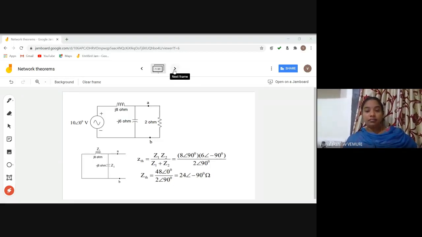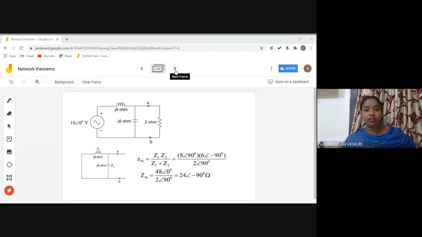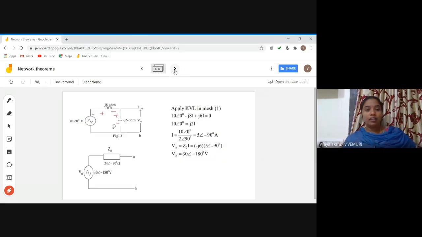Fine. This is about the Thevenin equivalent impedance. After that, what is the next step? You need to find VThevenin, right? To find VThevenin, I need to find the open circuit voltage between these two terminals. If you observe, this positive is connected here and negative is connected here.